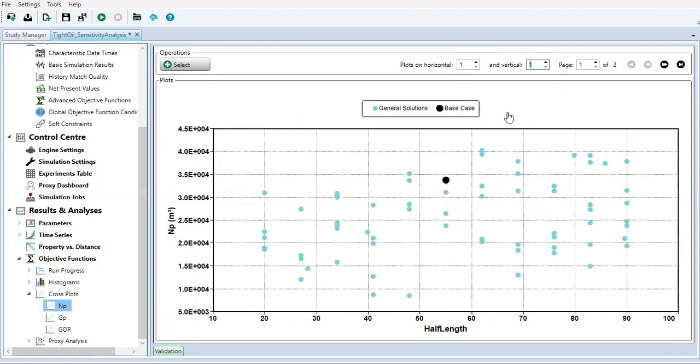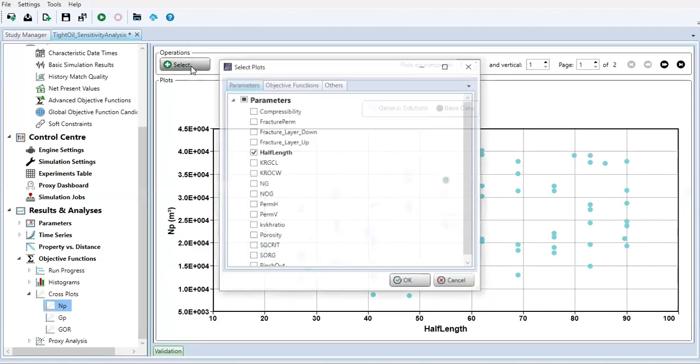So by knowing this, you can design the fracturing job in such a way that you will get longer half length in your tight reservoir.